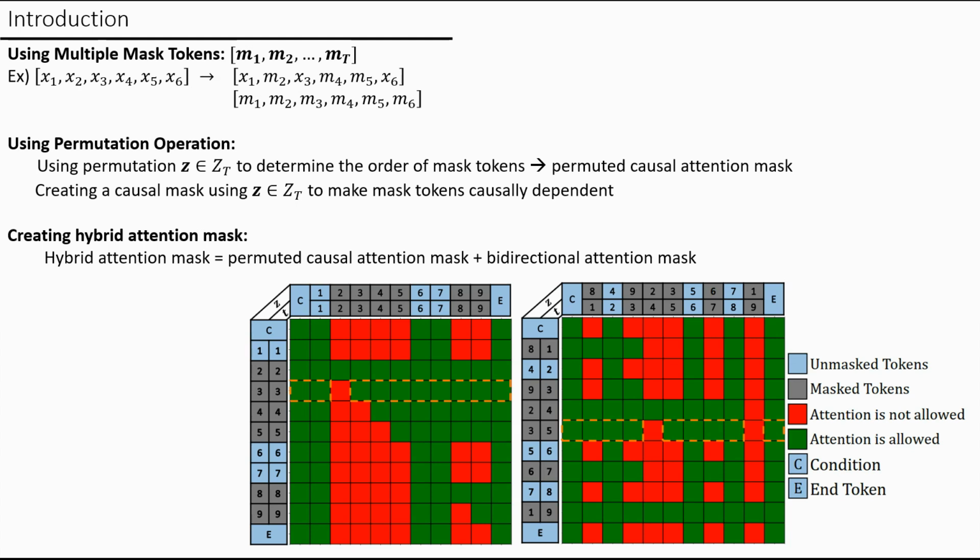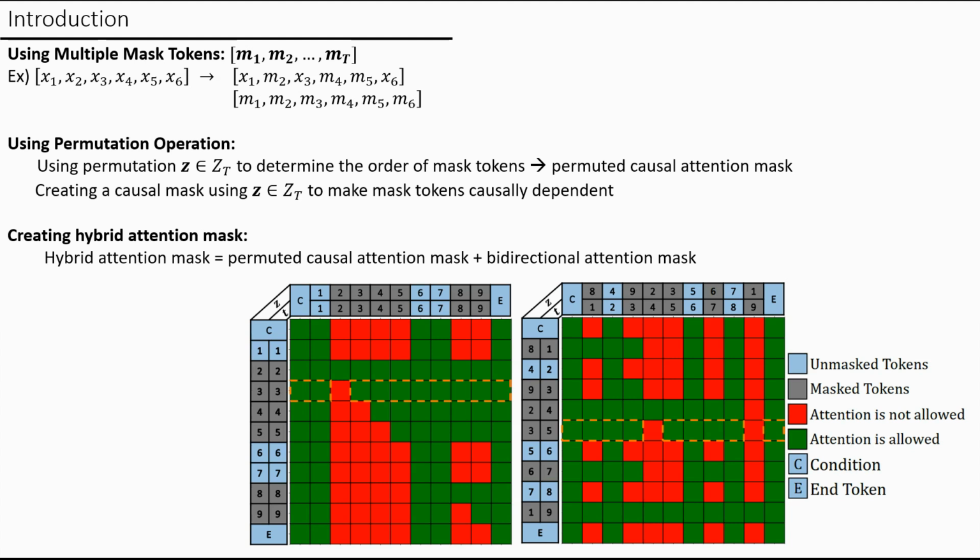So we first sample a random ordering using the permutation operation. Then, based on this random ordering, we create a permuted causal attention mask. This permuted causal attention mask determines the causal dependency among mask tokens. Additionally, because a portion of our input sequence is unmasked, we create a bidirectional attention mask, which enables all tokens to attend to the unmasked part of the input sequence.